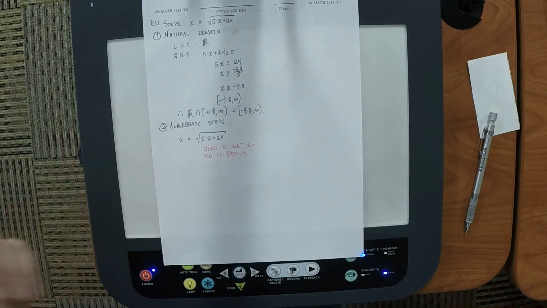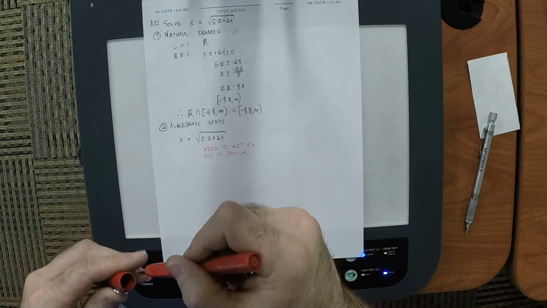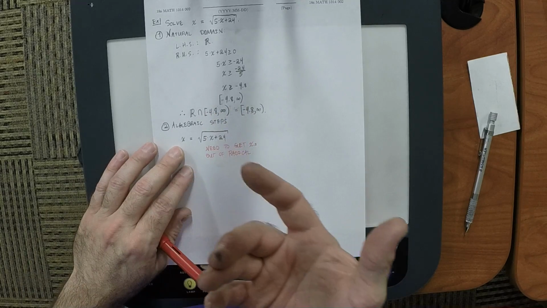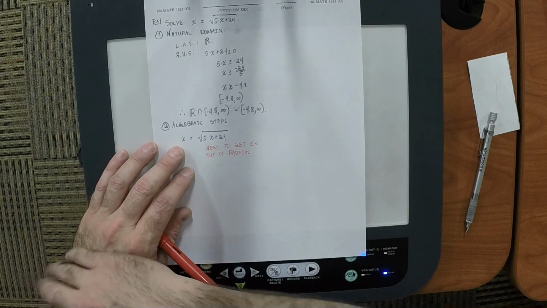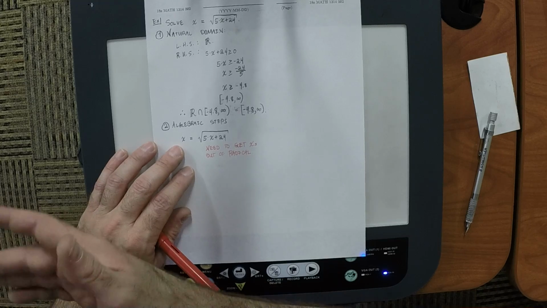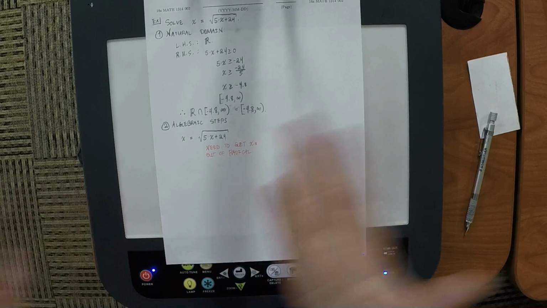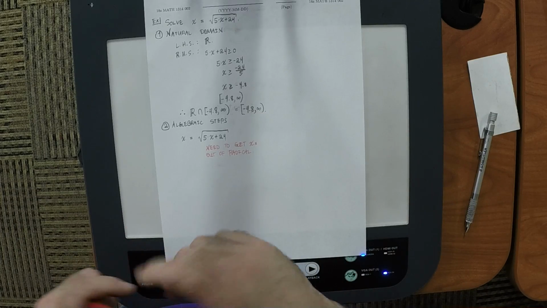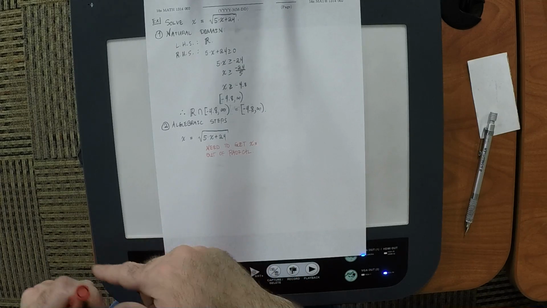In some sense, the right-hand side is the problem side. What do we need to do to get the x's out of the radical on the right-hand side? We want to square both sides, because we want to square it so that the radical will go away. But what you do to one side you must do to the other side.